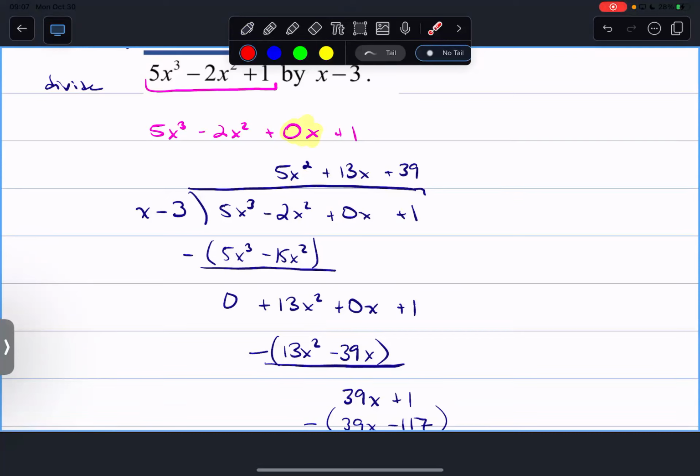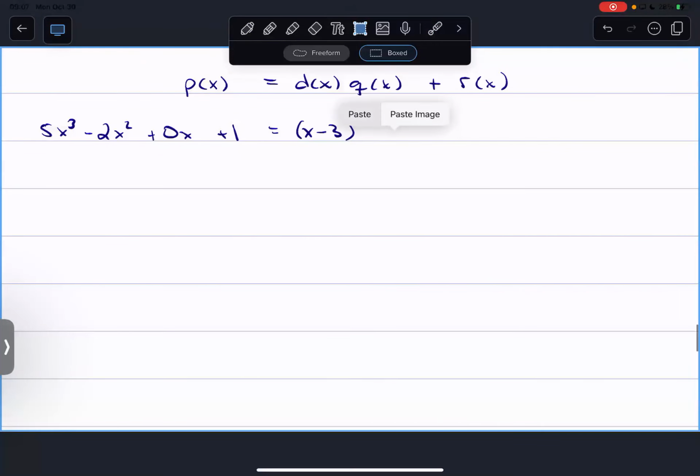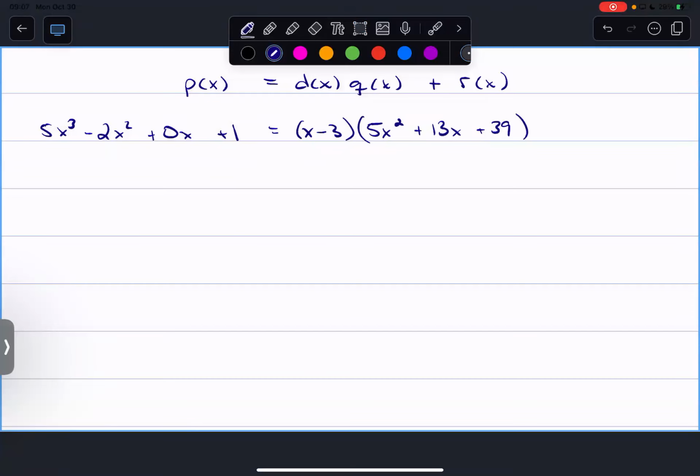I don't see a nice way of factoring this, but we can use the quadratic formula to find the zeros, but I don't feel like it. So I'm just going to write this and then plus 118.